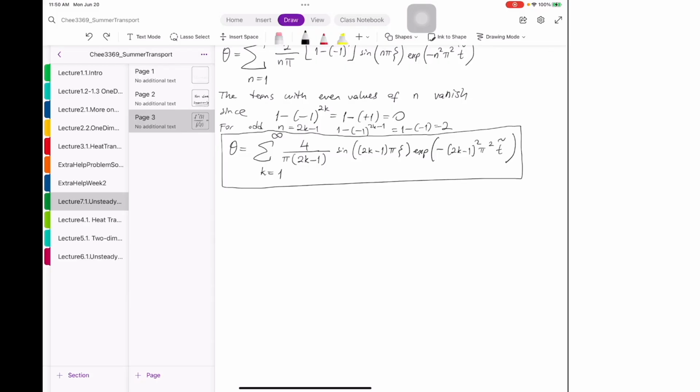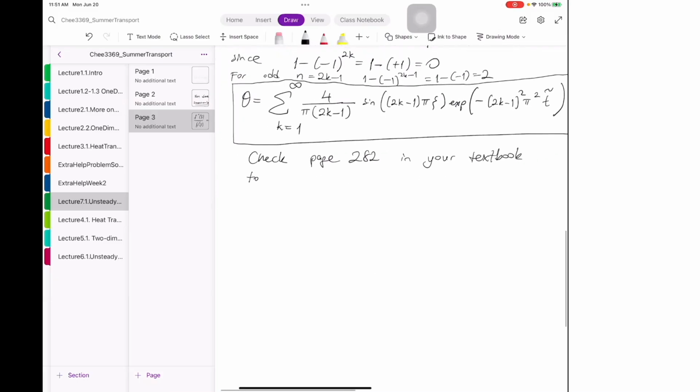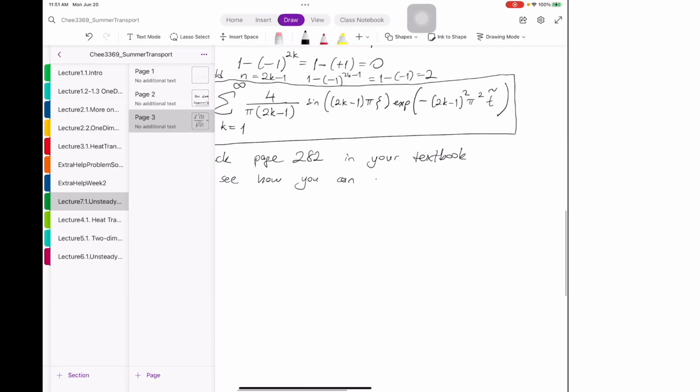And so I recommend you to check page 282 in your textbook to see how you can get the center temperatures for different shapes.